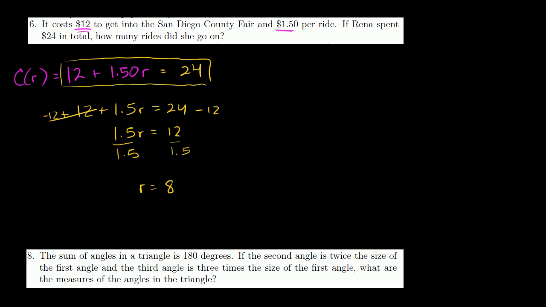And let's verify by looking at what's the cost of 8 rides? It's going to be $12 plus 1.5 times the 8 rides. So that's $12 plus, well, 1.5 times 8 is $12. So this is going to be equal to $24. So we have verified our problem.